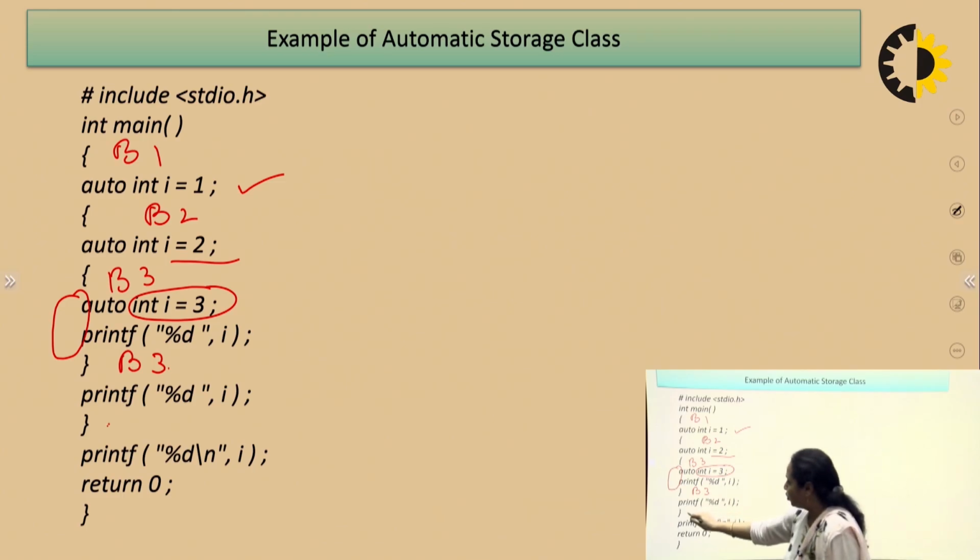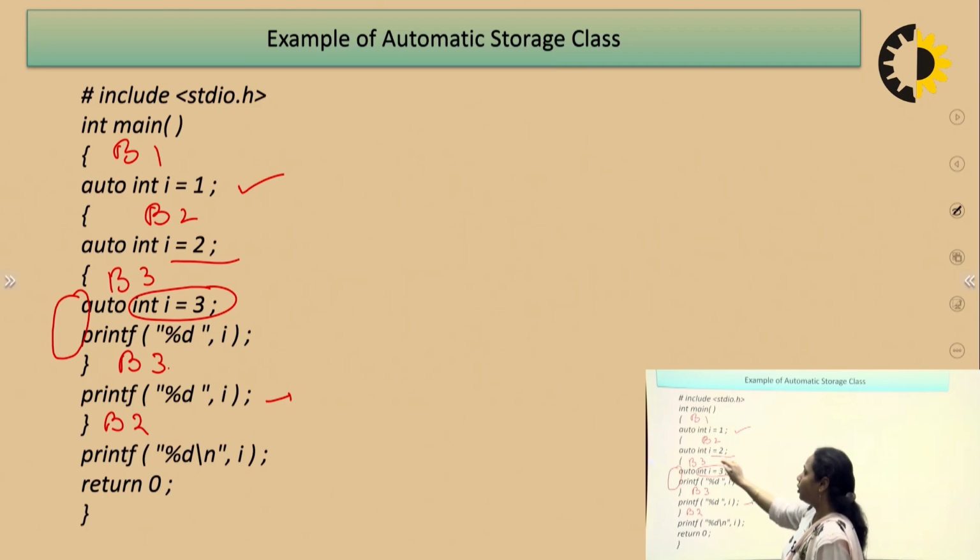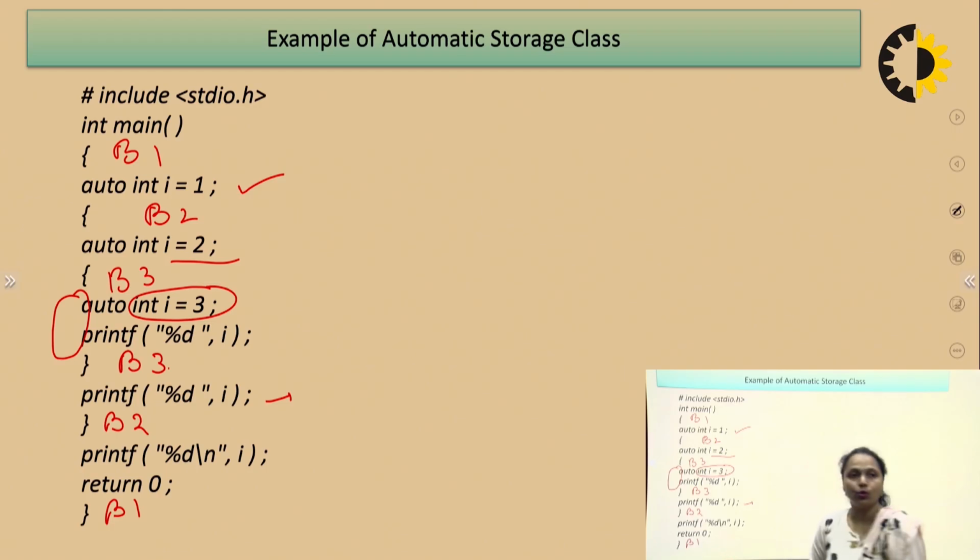Now this is the closure of block 2. So what is going to be printed in this statement? Here it will print 2, as in block 2 the value of i is assigned 2. Next, again a statement is written, print i. This statement will print 1 because it is inside block B1, and lastly B1 has been closed.